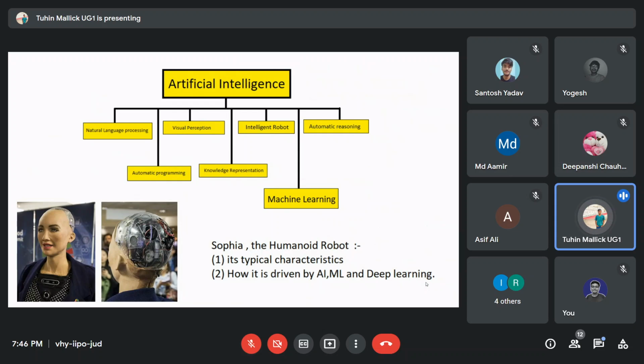A computer vision algorithm processes input from cameras within Sophia's eyes. Yes, cameras have been set within Sophia's eyes, through which she can detect automatically. Thousands of complex algorithms have been set up through which she can identify humans and her surroundings.